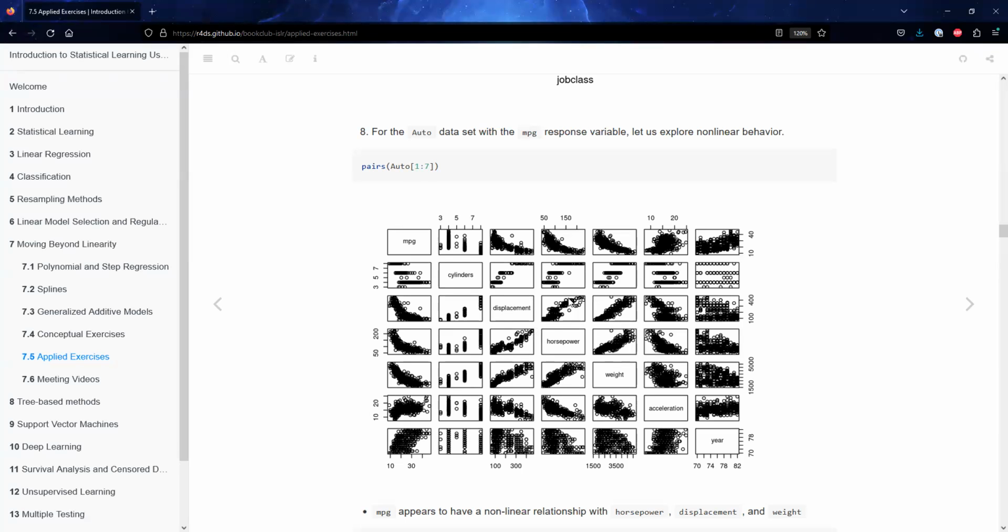If you look at the middle of this pairs plot, we see a bunch of linear behavior between, say, displacement, horsepower, and weight. But if you look at the very top, especially with miles per gallon as the response variable, we do see some situations that are obviously non-linear, such as miles per gallon with displacement, miles per gallon with horsepower, and miles per gallon versus weight.